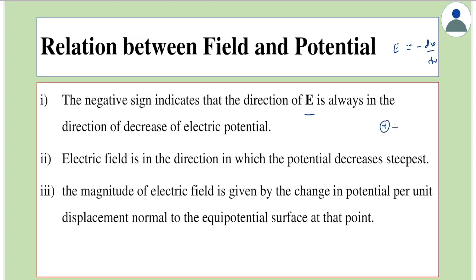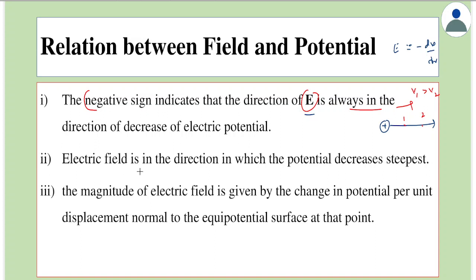With the point charge somewhere here, at points 1 and 2 the potential decreases as you go along. So the potential at point 1 is more than that at point 2, but the field goes from 1 to 2. So the negative sign indicates that the direction of electric field is always in the direction of decrease of electric potential.